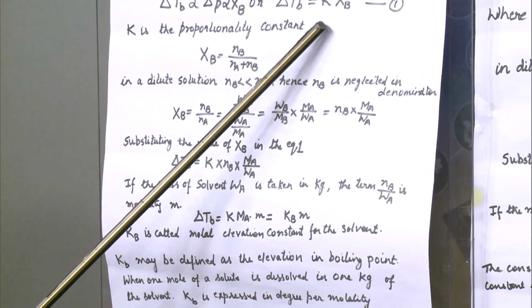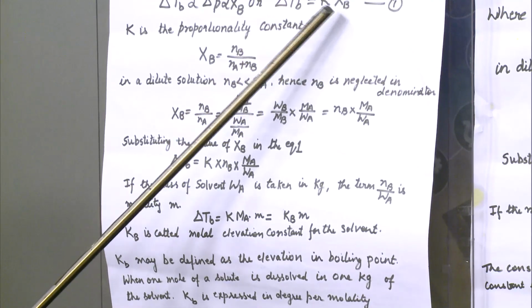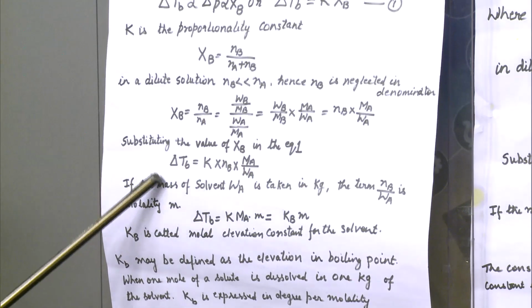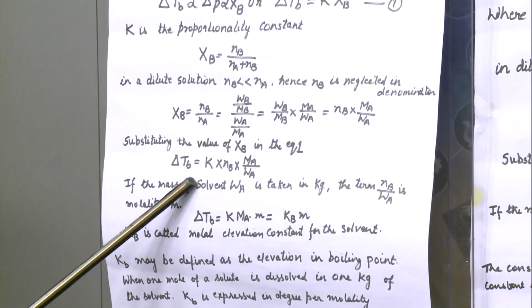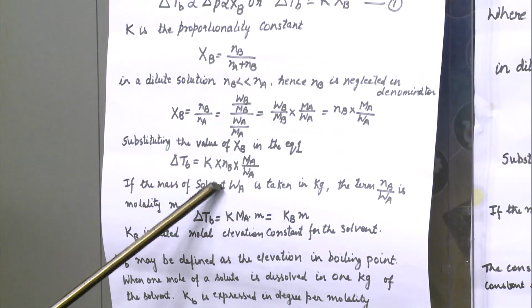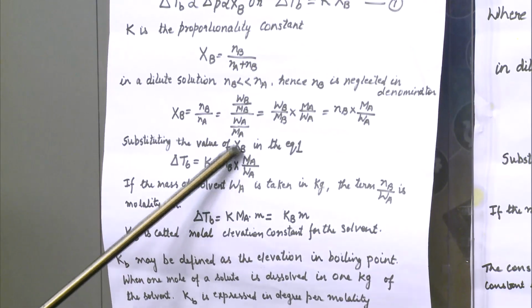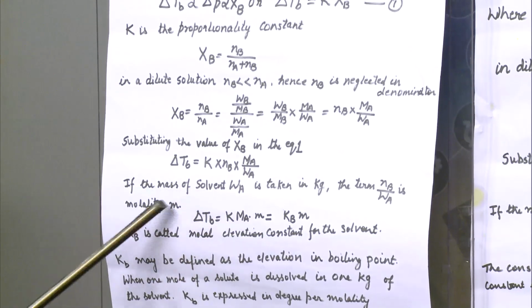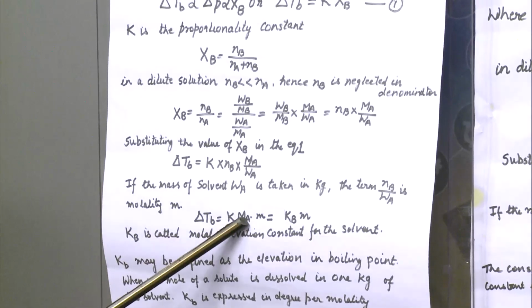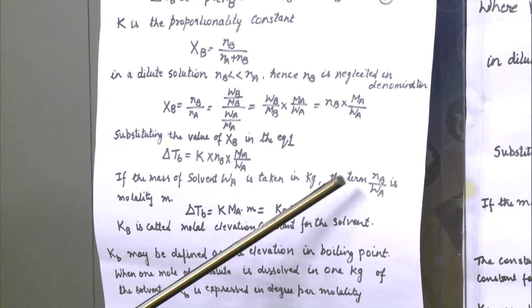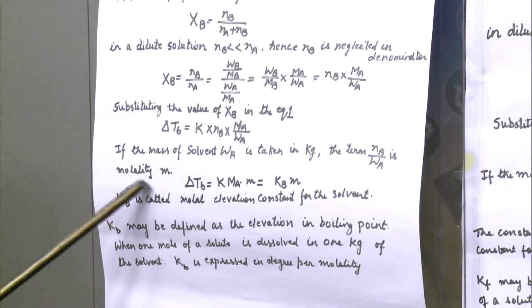Now, here we are going to put this Xb value. Xb value we got here, this one. So, if you see here, delta Tb is equal to K. Now, put the value of Xb here, Nb into Ma upon Wa. If the mass of solvent Wa is taken in kilogram, then the term Nb upon Wa is molality.